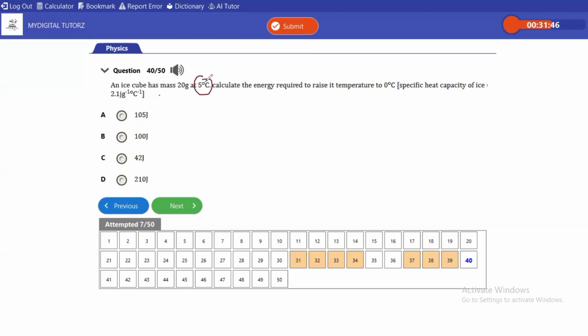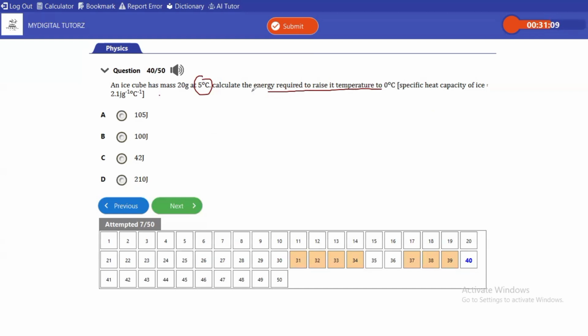If we are going to leave it at 5 degrees Celsius, then the energy required here will be the heat loss, not heat gain, because by saying required to raise the temperature, we are looking at heat gain. So if it's going to be like that, it will be heat loss if you leave it at 5. Otherwise, you take it as minus 5 degrees Celsius, then you're looking for the energy required to raise its temperature to 0 degrees Celsius.